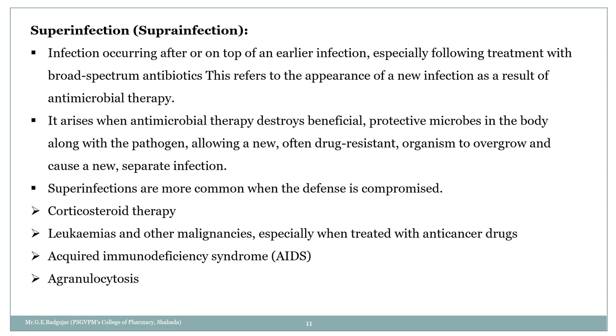Superinfections are more common when the defense is compromised, particularly when the patient is on corticosteroid therapy, or has leukemias and other malignancies, especially when treated with anti-cancer drugs, acquired immunodeficiency syndrome, and agranulocytosis. These are the reasons for superinfections.